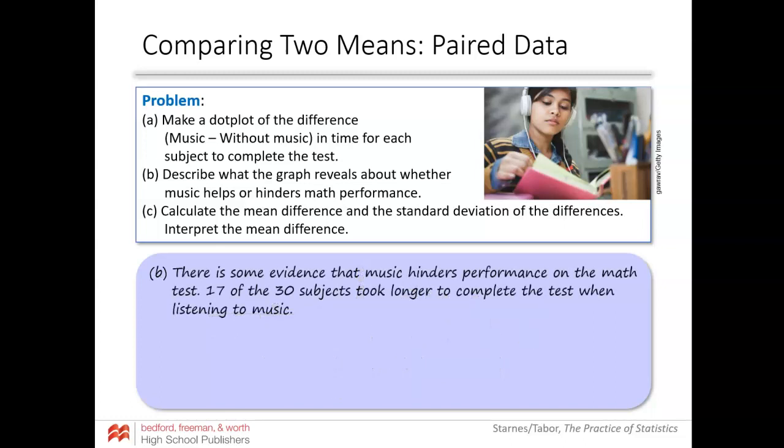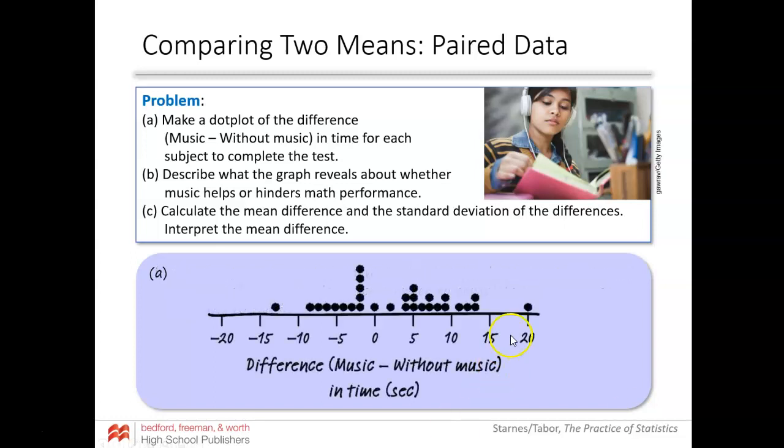Well, there's some evidence that music actually hinders performance on the math tests. If you look carefully, 17 out of the 30 subjects, so a majority of them, actually took longer to complete. So that is some evidence that the music was not helpful, which is probably not what your knee-jerk reaction was, since you thought that music would help. Turns out no. Maybe. We'll see.